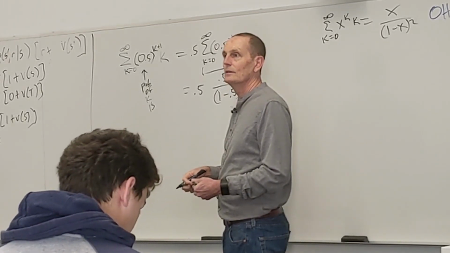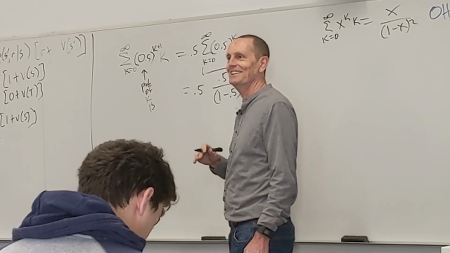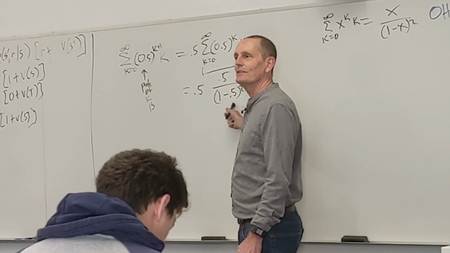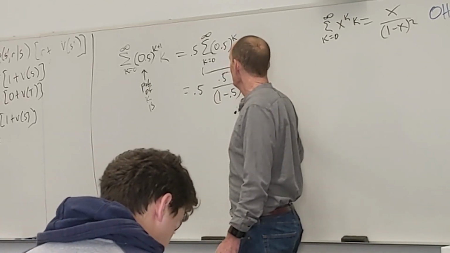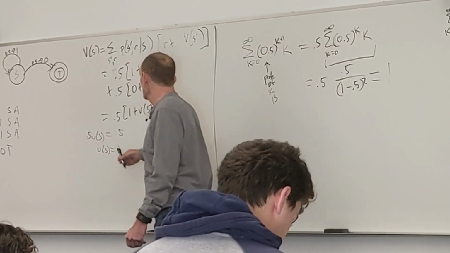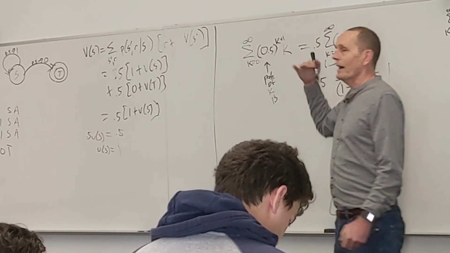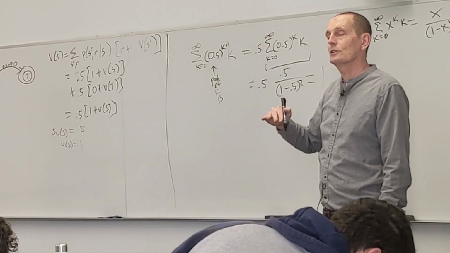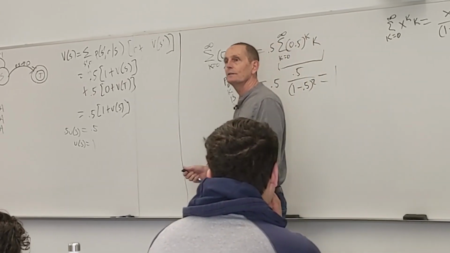Owen? Still calculating. No, don't calculate. Just cancel. We've got 2 0.5s in the numerator, and we've got 2 0.5s in the denominator. Which equals 1, which is good. So it turns out this is what I want. Okay? So this basically shows us that our expectation of using our first visit calculation is our value of our state, right?